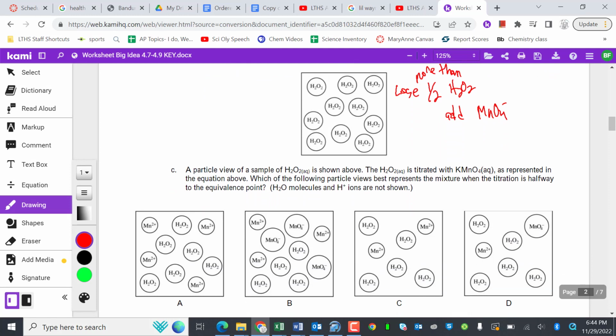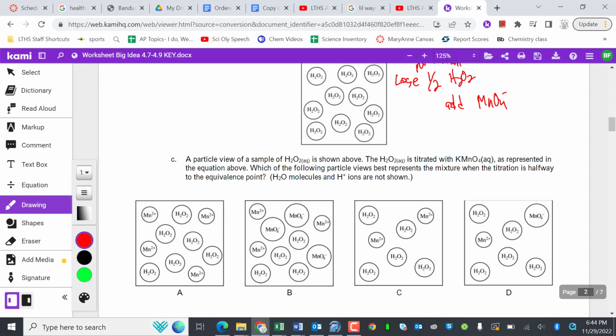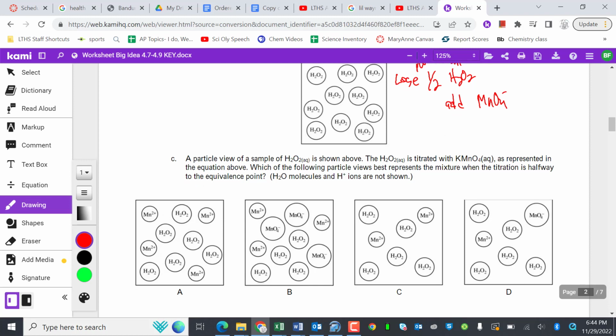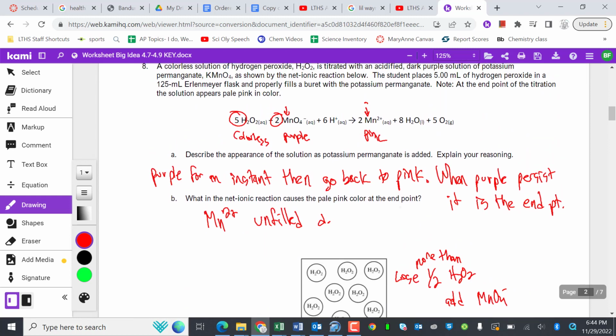So if I'm halfway there, the moles of each one would be the same. Which of the following particle views best represents the mixture halfway to the equivalence point? So I was really hoping for the 1-to-1 ratio.